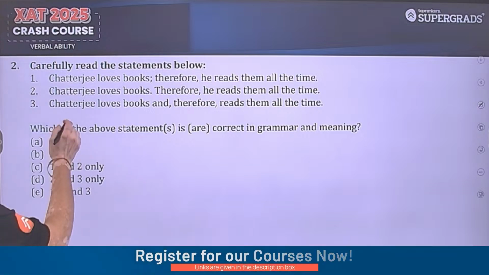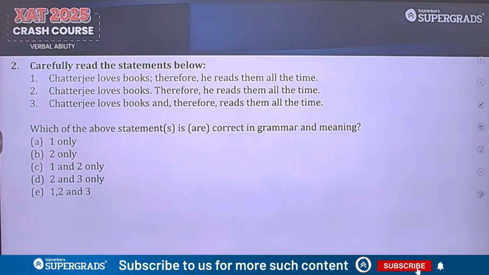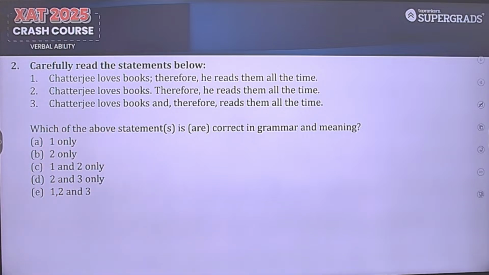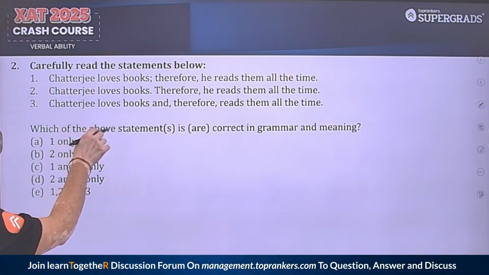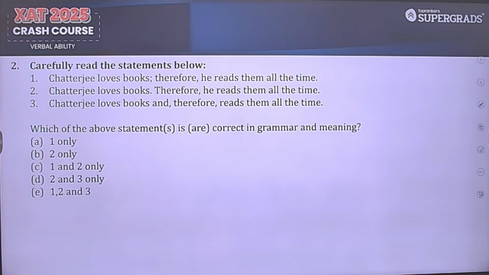Look at the first sentence. Chatterjee loves books. Therefore, he reads them all the time. Second, Chatterjee loves books. Therefore, he reads them all the time. Third, Chatterjee loves books and therefore reads them all the time.